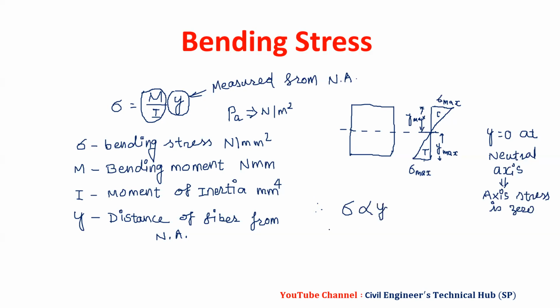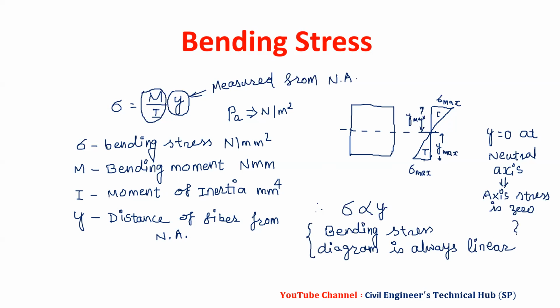And the bending stress diagram is always linear. Therefore we have two triangles, one compression, another tension. So this is the most important statement.